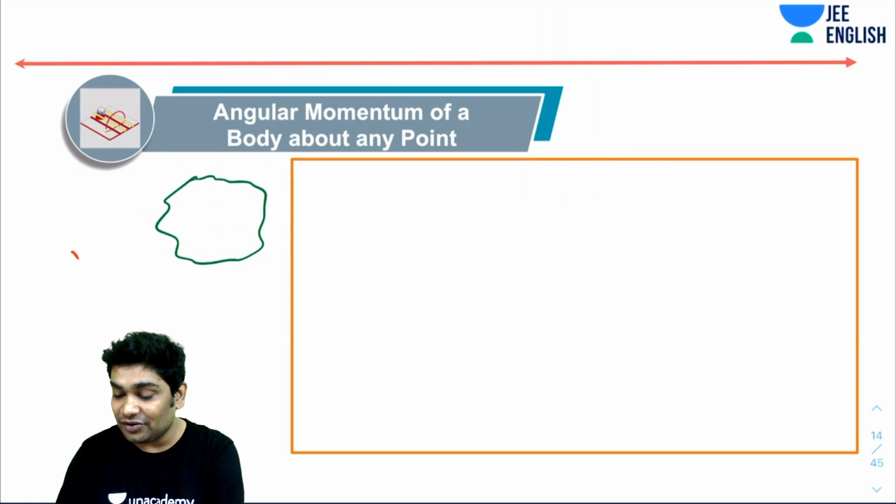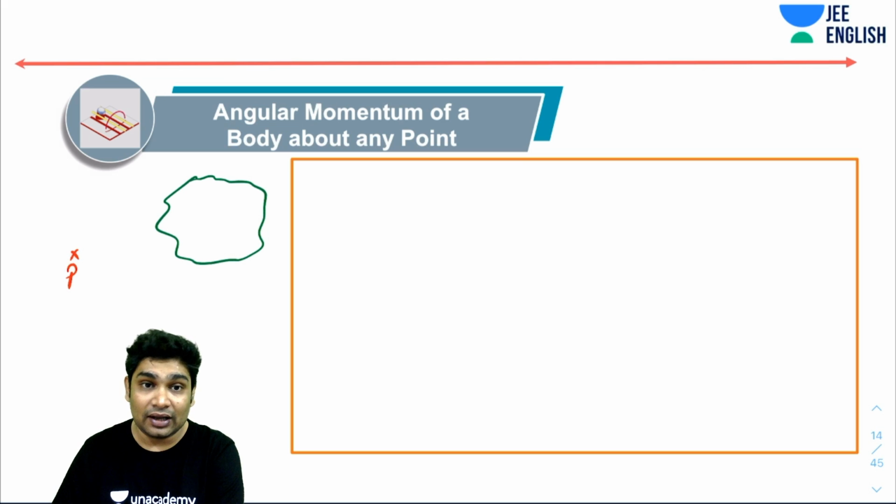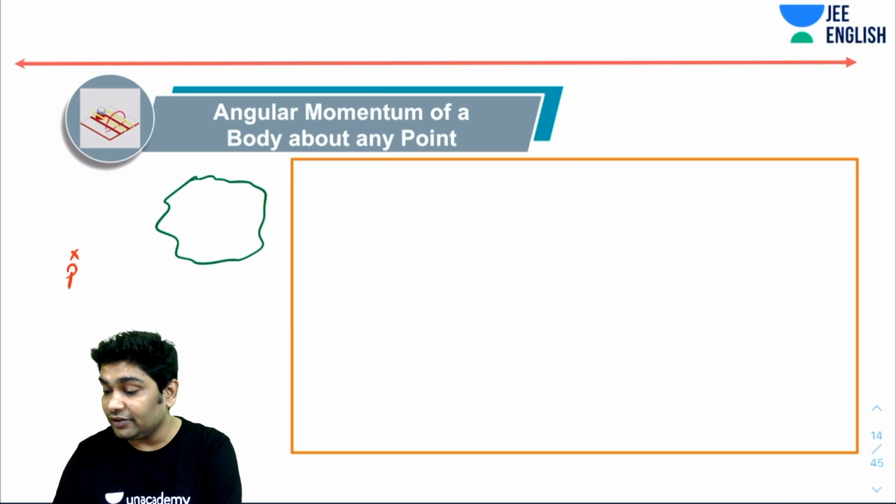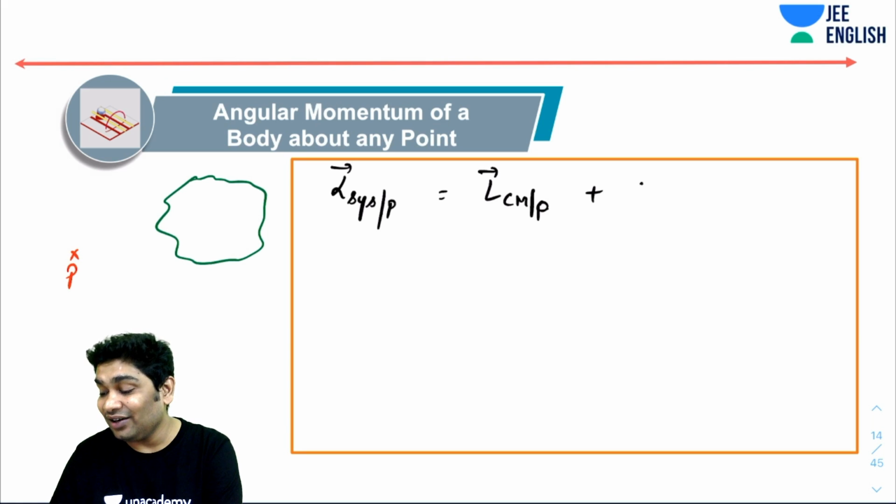Let's say here you have a point P. To calculate the total angular momentum of my system of particles about point P, I realized that the angular momentum of the system of particles about P can be written as the angular momentum of the CM about P, plus the angular momentum of the system with respect to the CM.